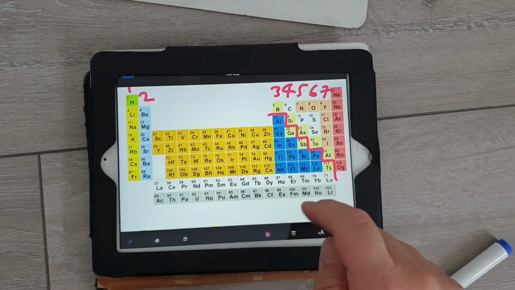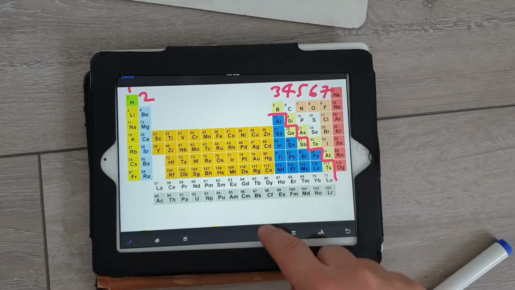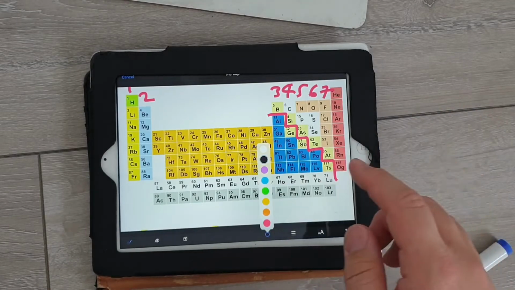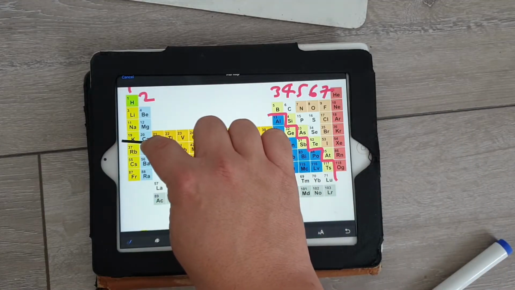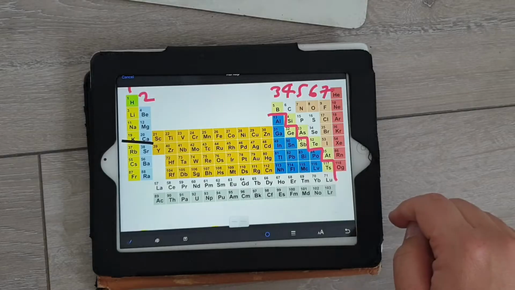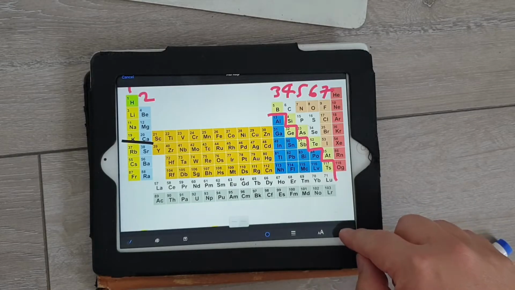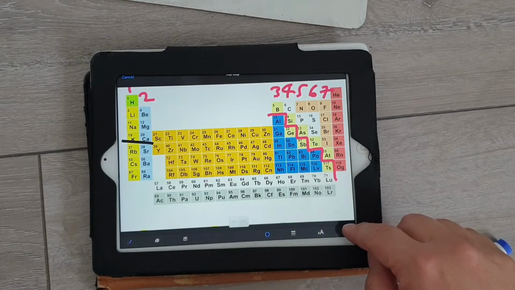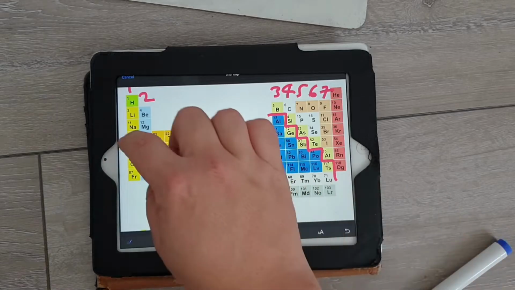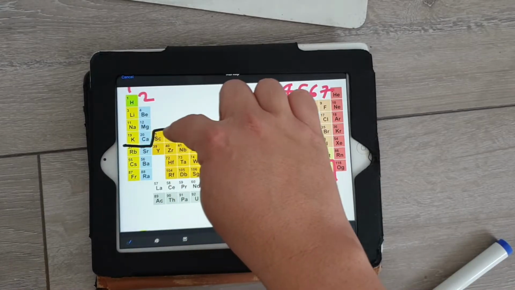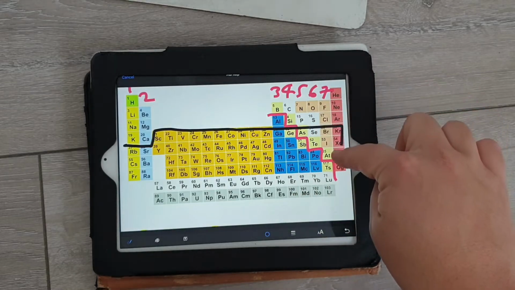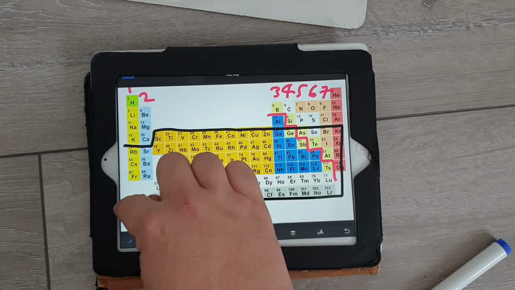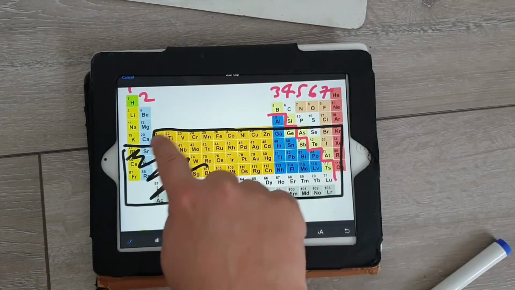And the last bit about the periodic table today is, if I can change the colour, when we're talking about bonding, you only need to know the first 20 elements. So you need to know down as far as calcium, which means you don't need to worry about any of these here.